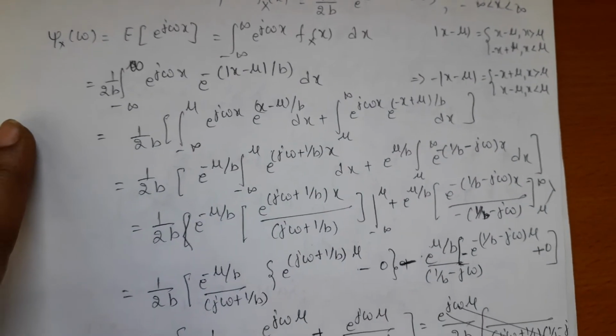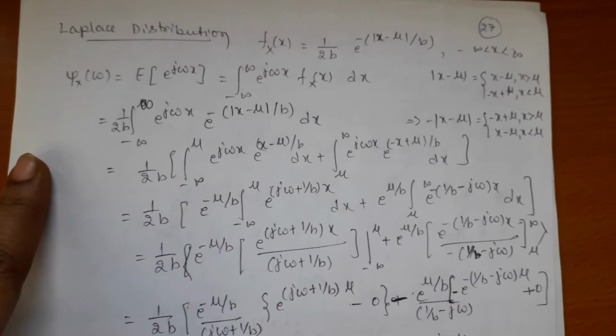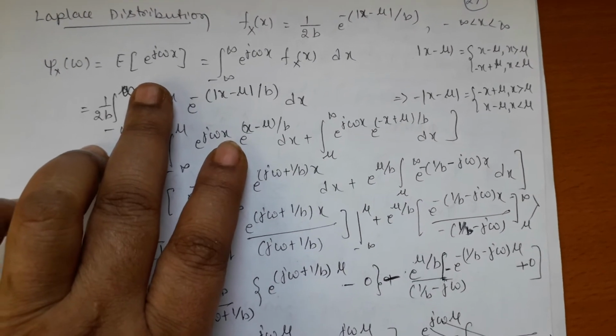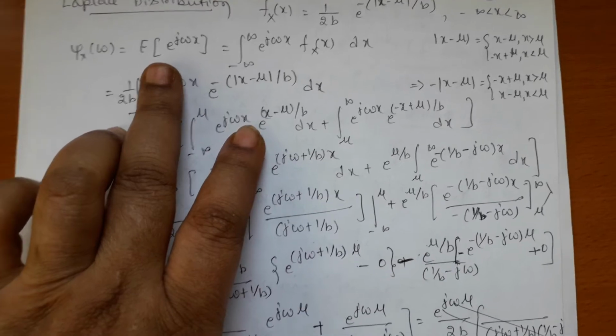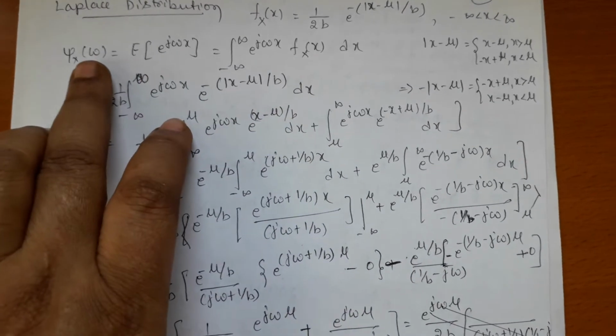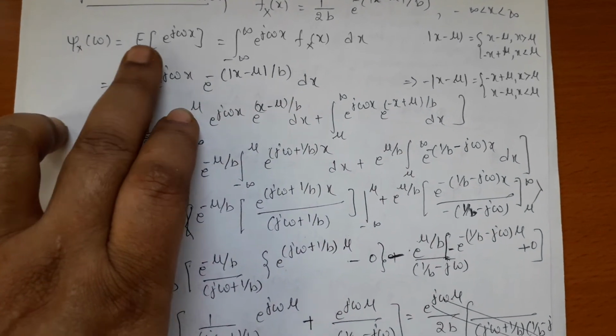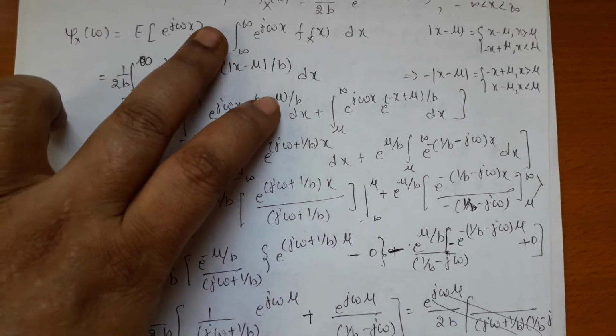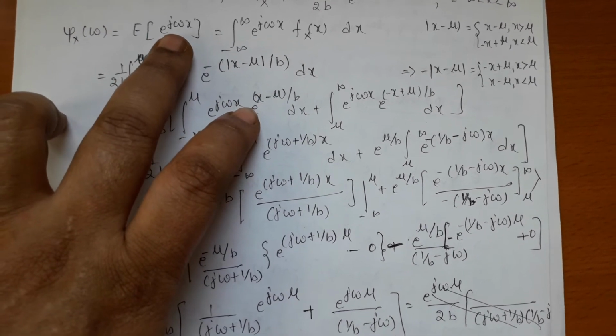Similarly, I am not going to explain the Laplace distribution because you know how to do it. I already explained it for the normal distribution. In a similar way, find the characteristic function for the Laplace distribution. Just write the formula: the characteristic function is the expectation of e power of j omega x, which is the integral from minus infinity to plus infinity of e power of j omega x times fx of x.